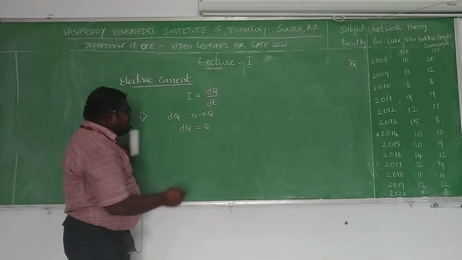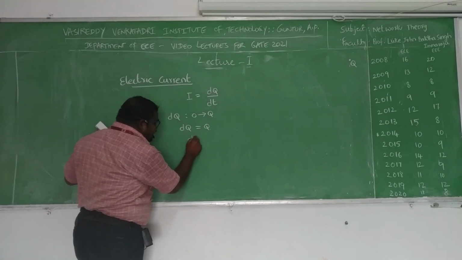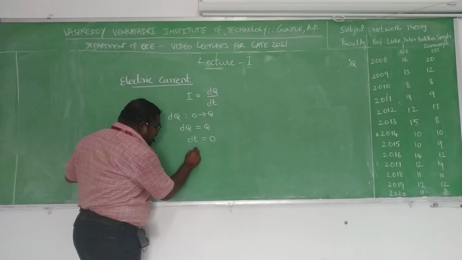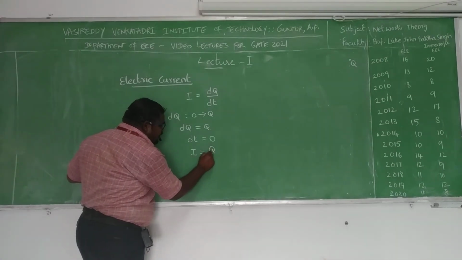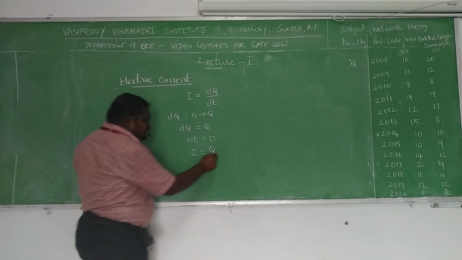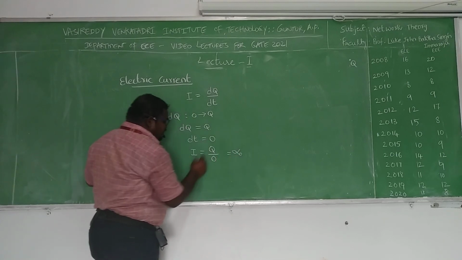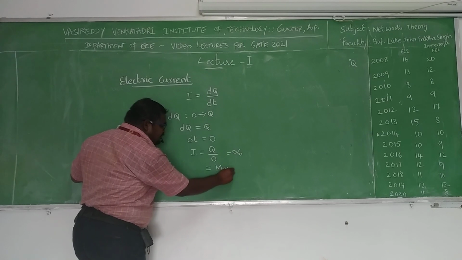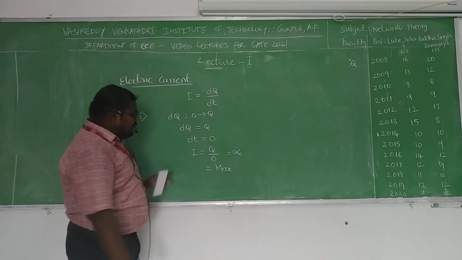But suddenly, there is no change in time, so dt is equal to 0. Then what is the current? Here I is equal to q divided by 0, which is infinity. That is, infinite current is nothing but the maximum value.